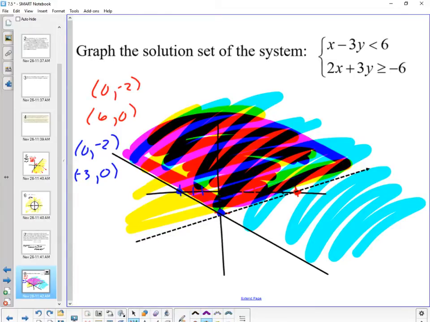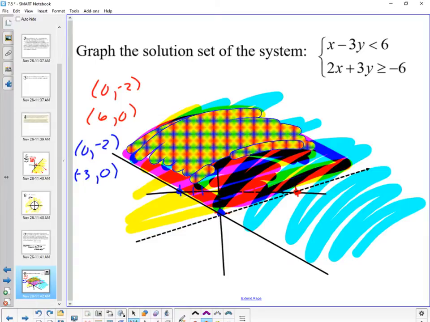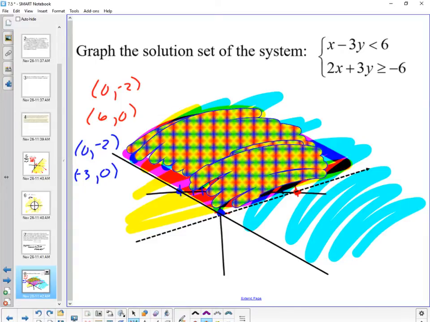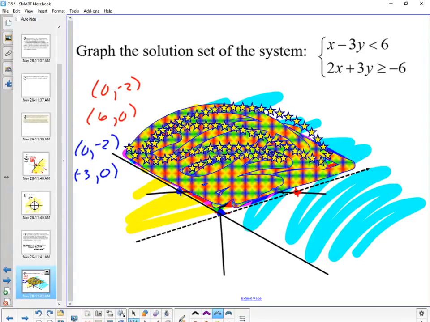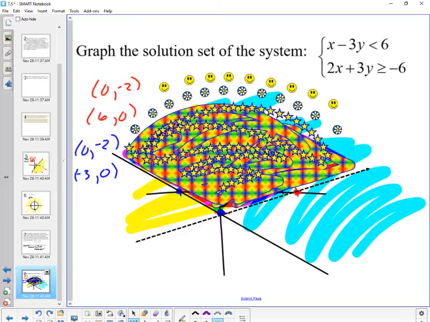You just overshaded it like that. Oh no. I think I'm really having fun there. Oh my god. I think I'm drunk.